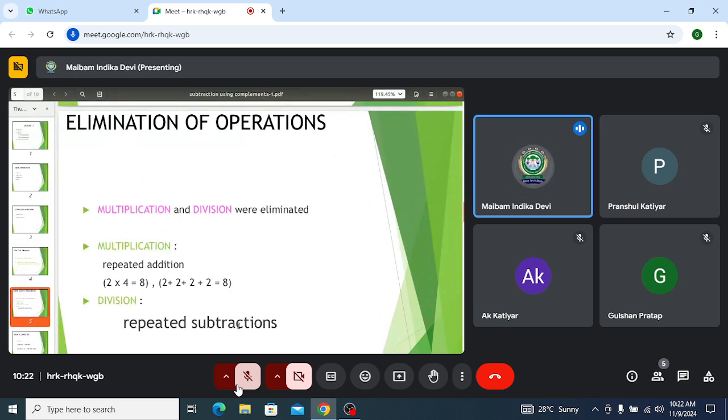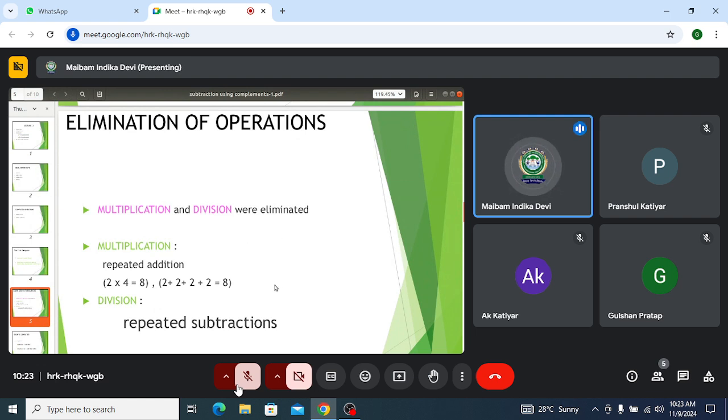Therefore, instead of including a separate function for each of these operations, it is more feasible to perform repeated addition and repeated subtraction. So multiplication and division are not included as separate functions in computers.